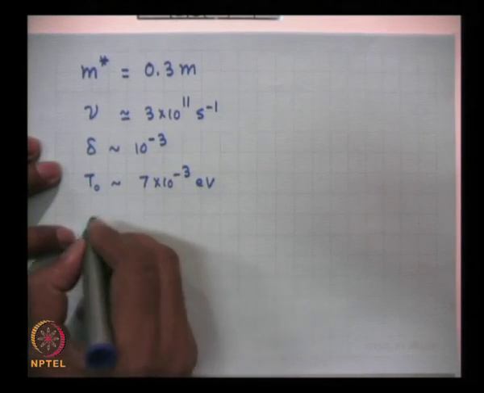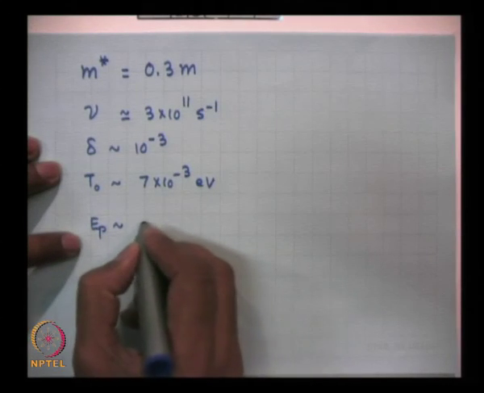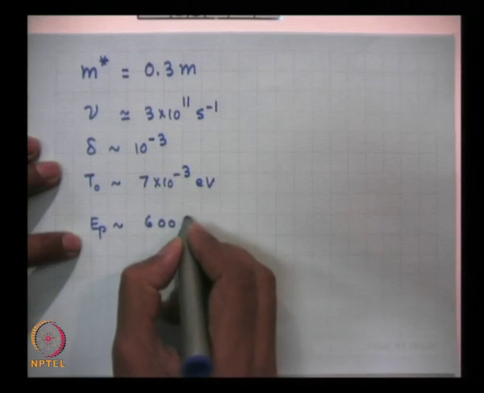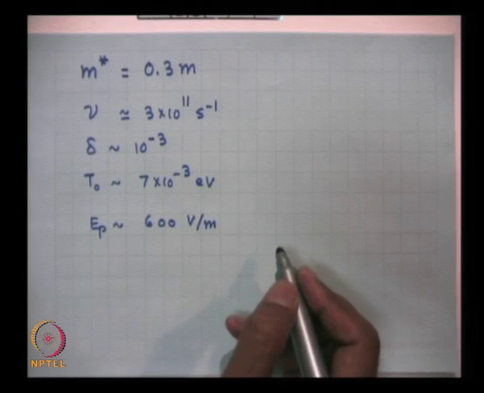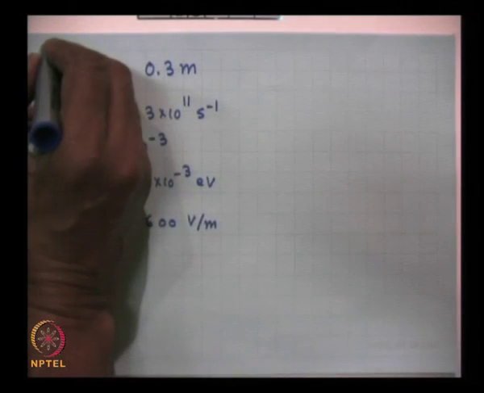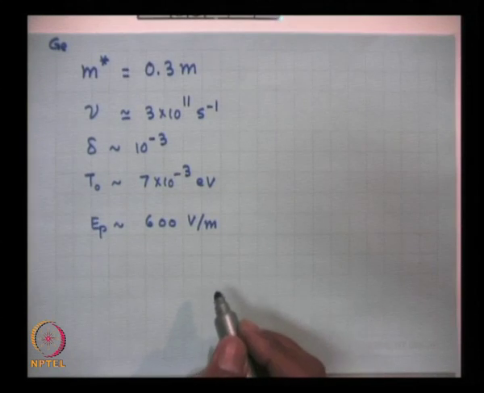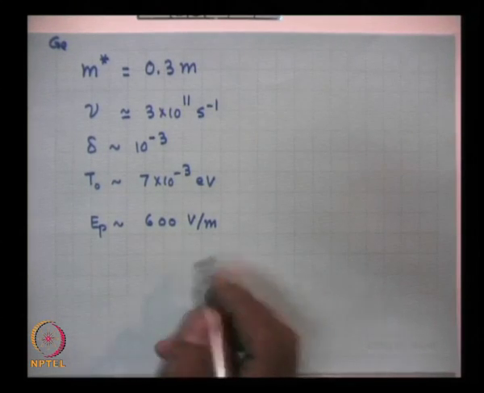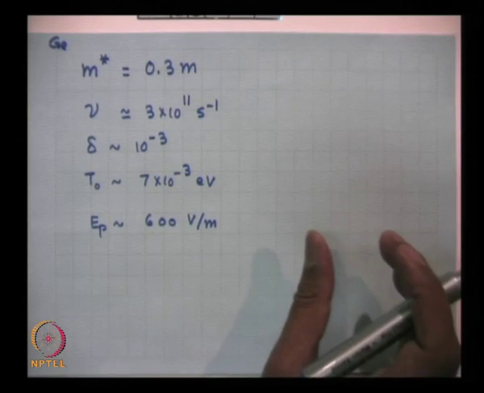Then if you calculate EP, it turns out to be of the order of about 600 volt per meter, which is really quite a low field. So, in germanium, this is a very small field that you have to apply. Just apply a few tens of volts across a semiconductor of a small thickness.